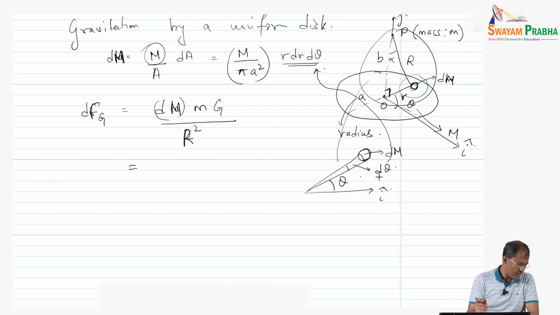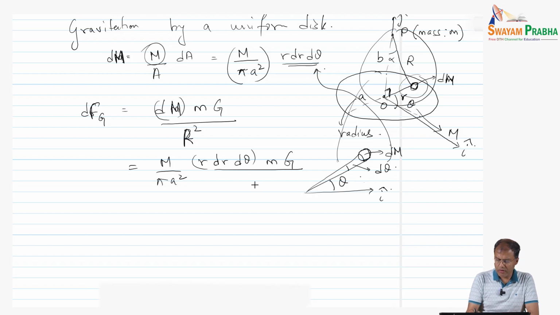So the net gravitational force comes out to be dM, where dM is M divided by pi a squared times dA, which is r dr d theta, and then small m times capital G divided by capital R squared.